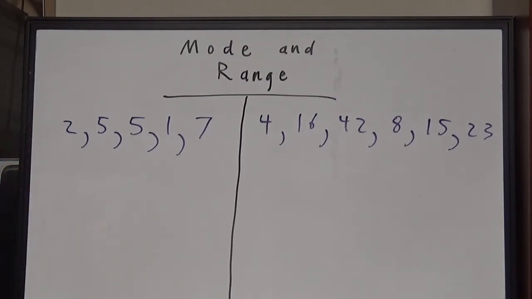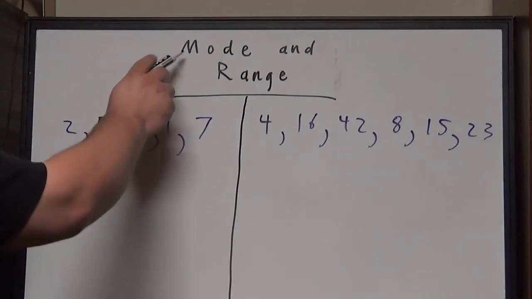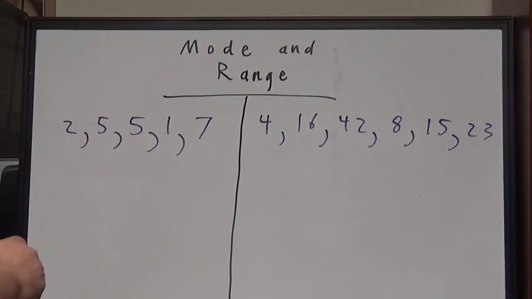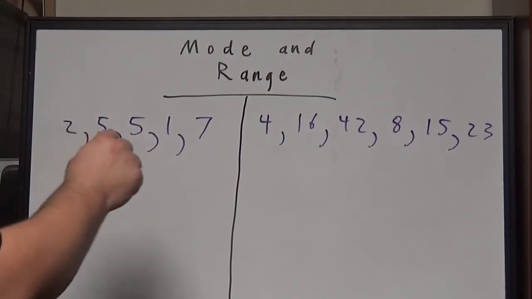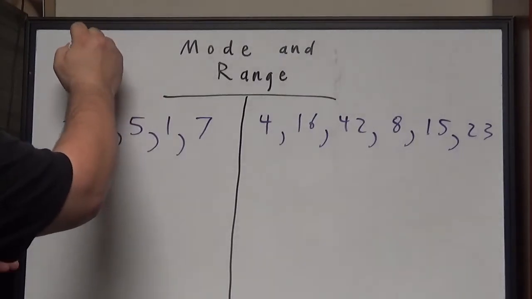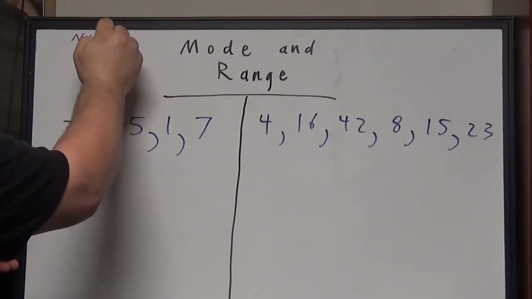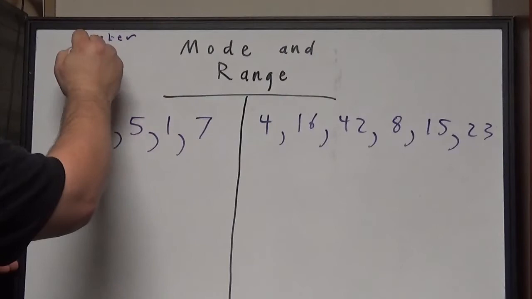So first thing, mode. I'll write this in purple. Mode is the number that appears the most.